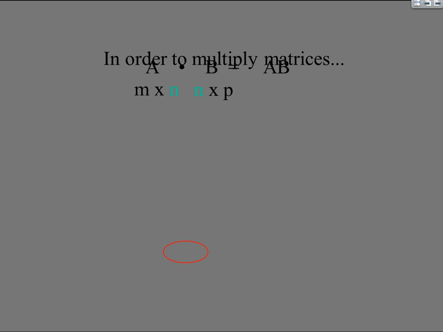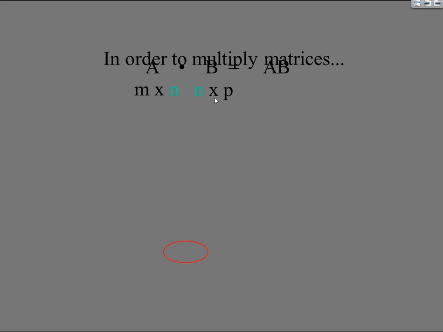If matrix A has a different number of rows than columns, then matrix B is not going to be of the same dimensions. What's important is that when I line up the dimensions, the inside dimensions have to match up. So think what that implies then. The number of columns in the first matrix has to match the number of rows in the second matrix that's being multiplied. That's a little strange.